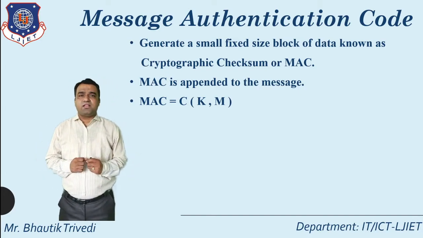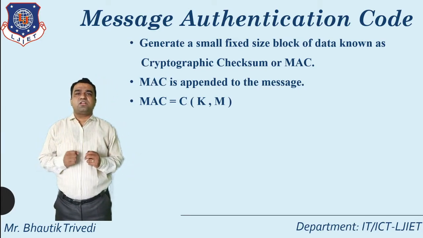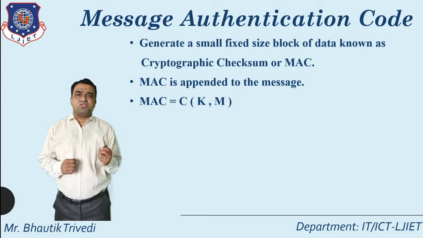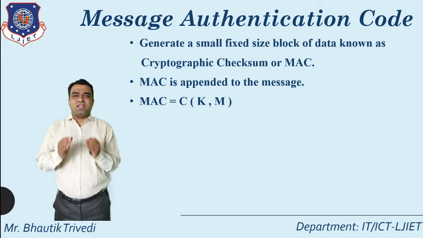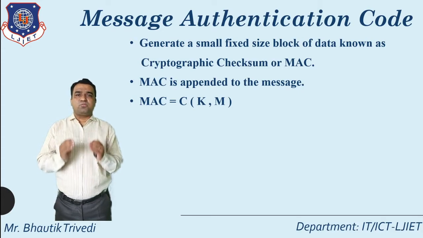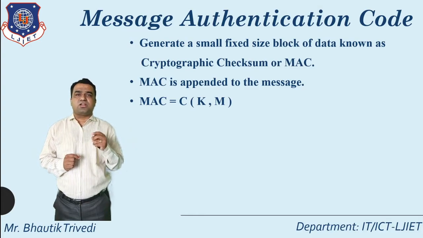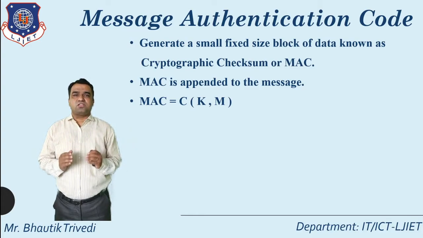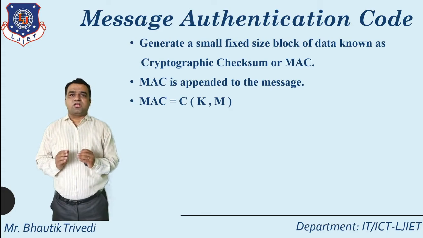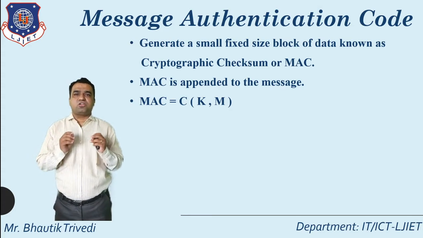What is the meaning of that? C means the cryptographic checksum, K means the key, and M means the message. So whenever you apply the cryptographic checksum on a particular message using the key, that is known as a MAC, a message authentication code.